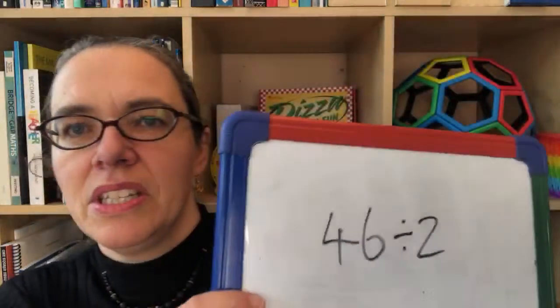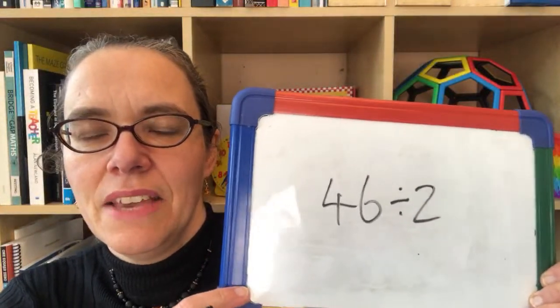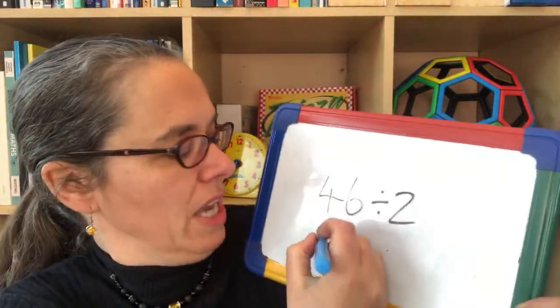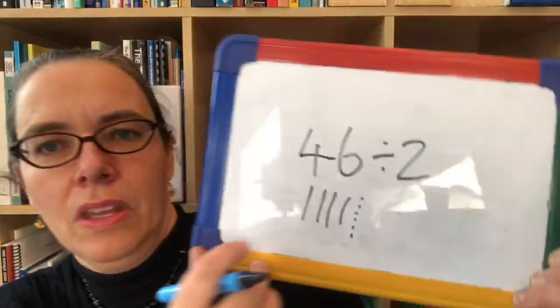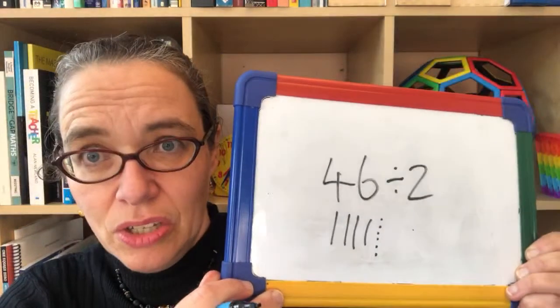So when we start division, if we start with a question like 46 divided by 2, what we're going to be doing is giving children the blocks. That would be 4 10s and 6 1s, and asking them to do the division.